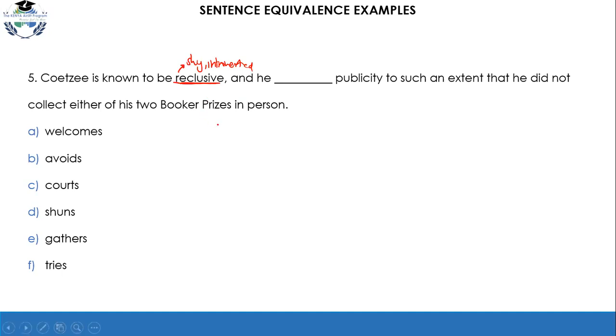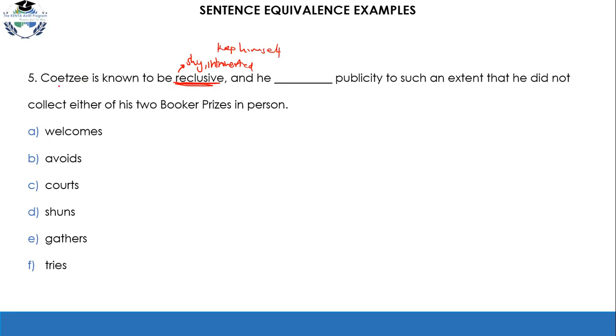Exactly right. So if you know the meaning of reclusive here, then you would basically have answered this question for yourself. Reclusive, as you have been told, does mean shy or introverted, someone who likes to keep to himself. A reclusive person is an enclosed person. They don't want to open up to everyone, right?